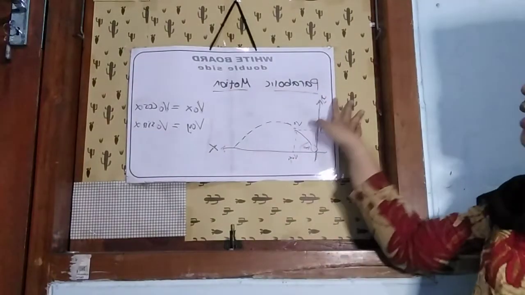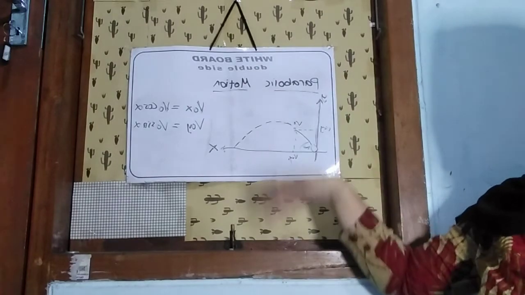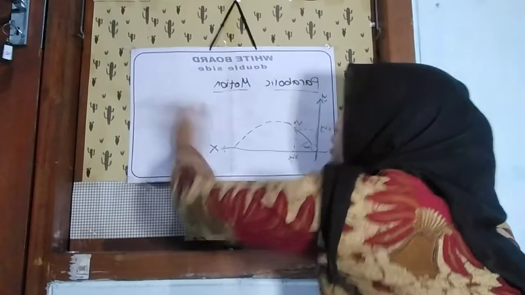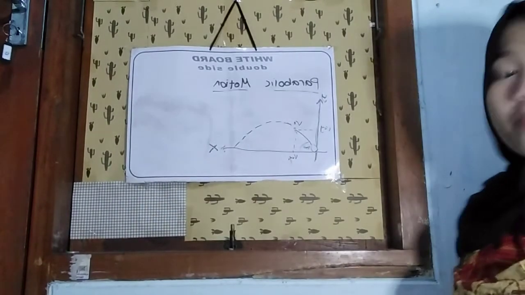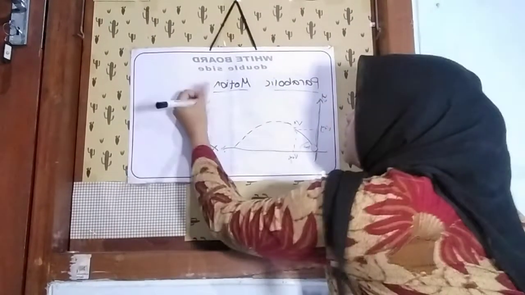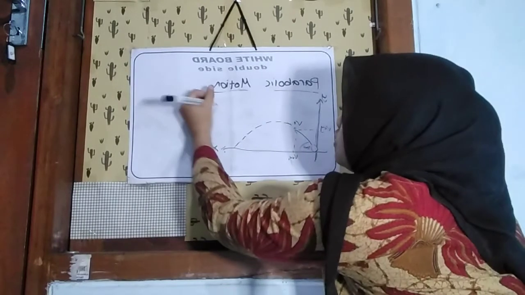First, the y line. On the y line, we relate it to GLBB. We know the important things of GLBB. We have three formulas, but in parabolic motion, we can use two.